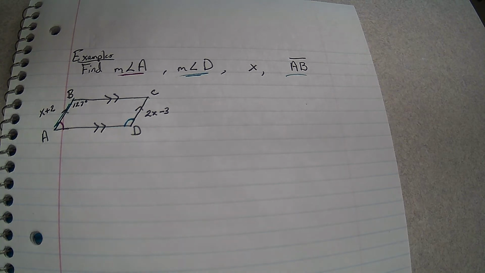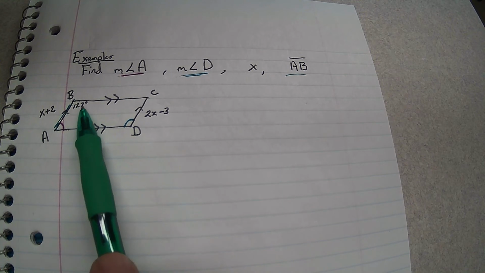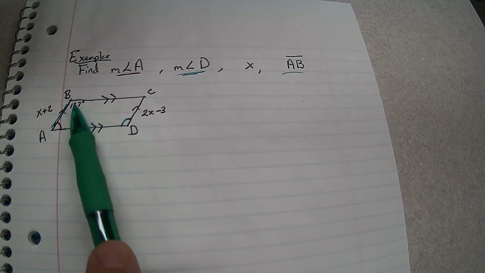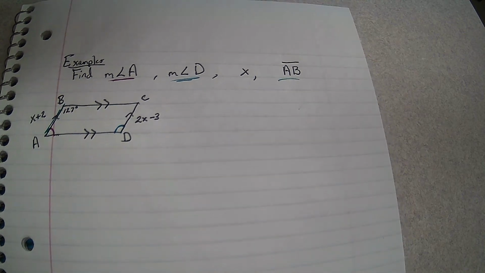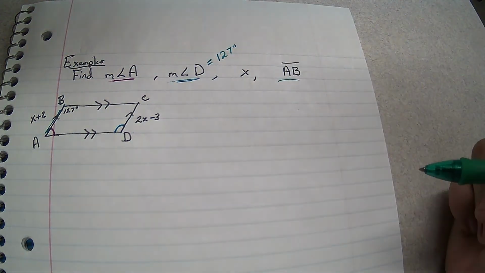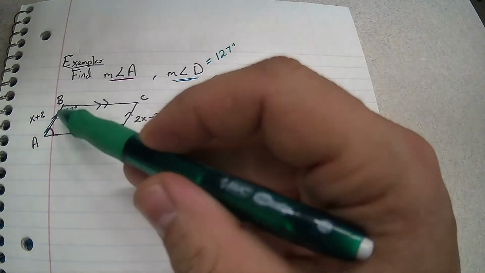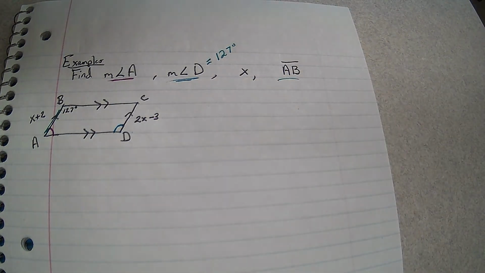Now, actually, the first thing that I think the easiest one to find is going to be the measure of angle D. Remember, we said opposite angles are congruent. So the measure of angle D is 127 degrees because they're the opposite. Across from each other are the same.